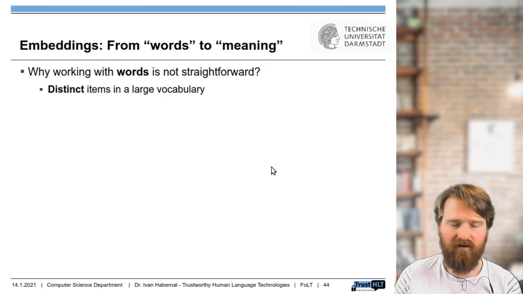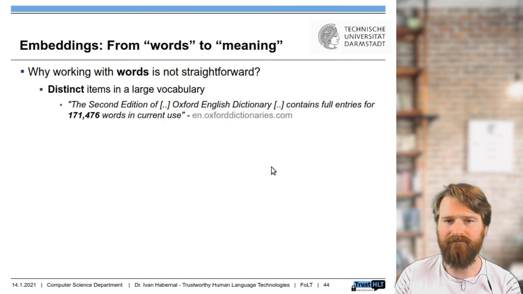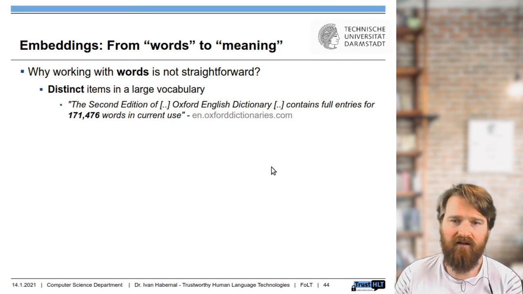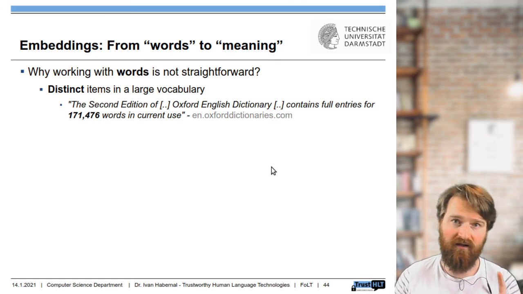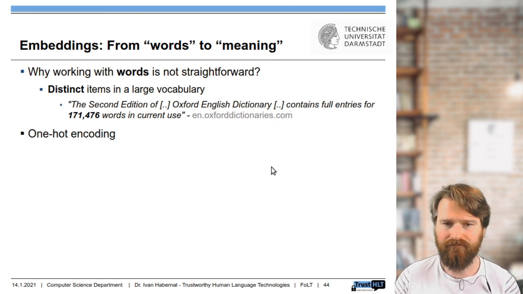Well, words are distinct items in a vocabulary, and distinct items means that similar words are different items in the vocabulary. And the vocabulary is big: current English could contain up to 170,000 words. So it's a huge feature space, if you only consider a single word as a feature.